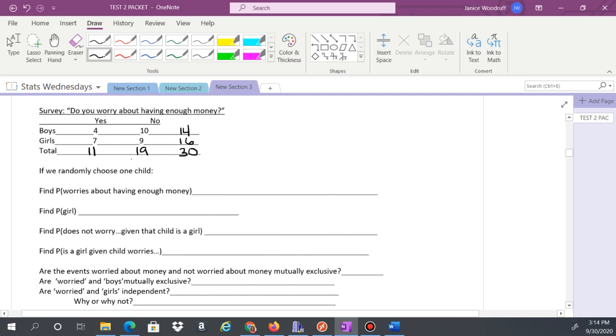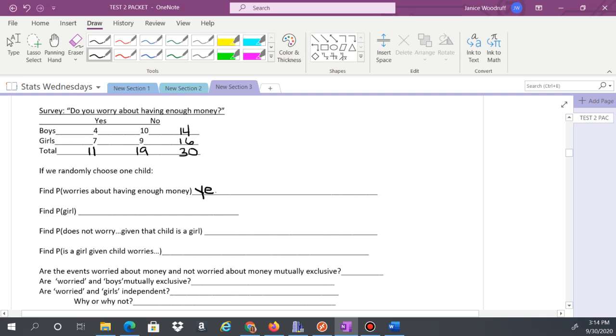So now you want to look at your probability. You've got the blue and the pink index cards in your envelope, and we're going to find the probability that I pulled a card that said yes, I worry about having enough money. That is just a one-time thing. It's not given anything special. So find the probability of yes.